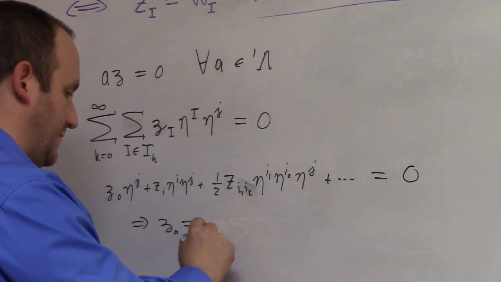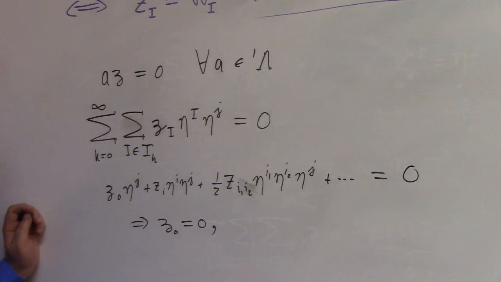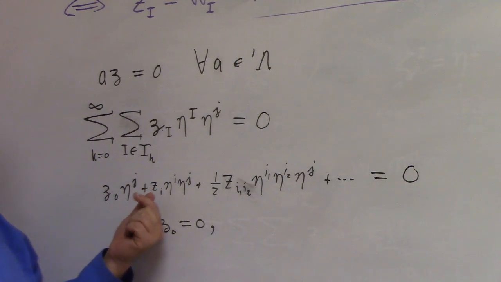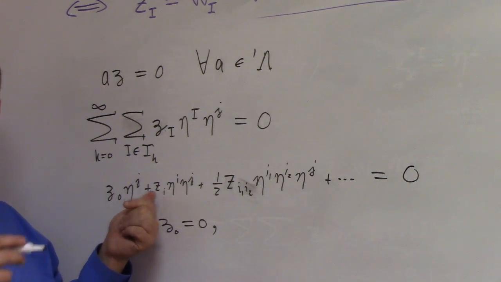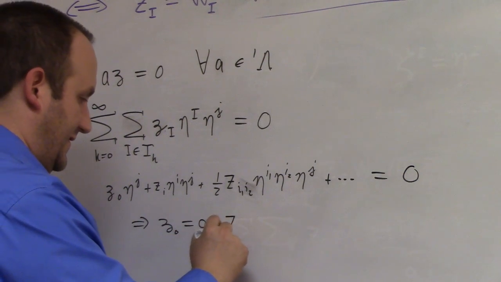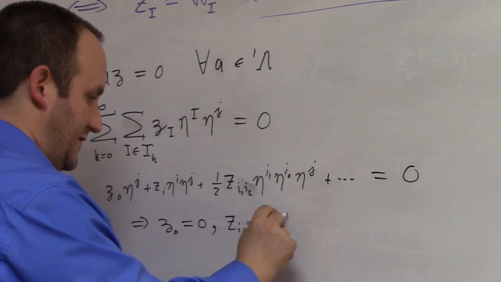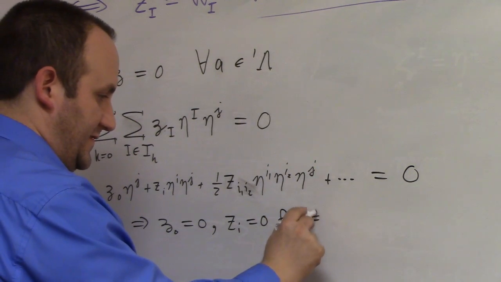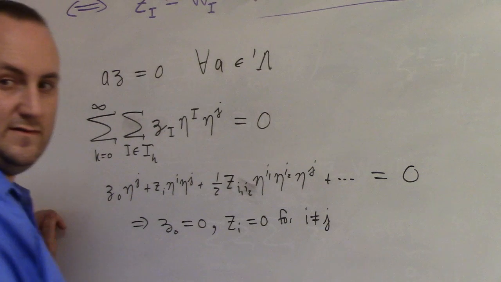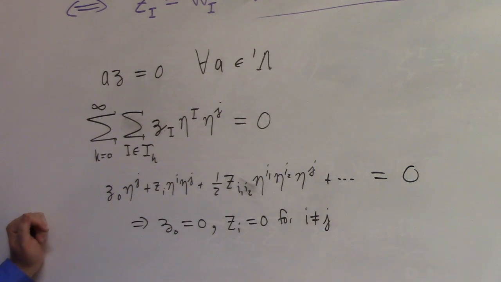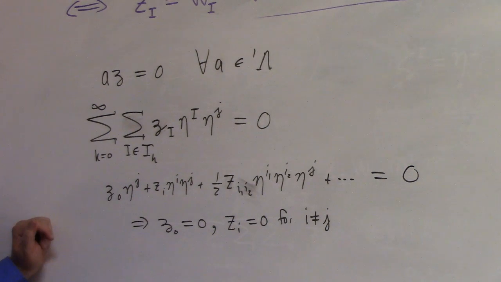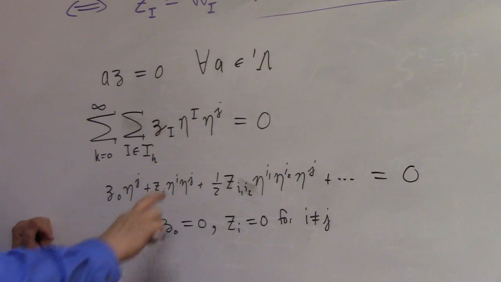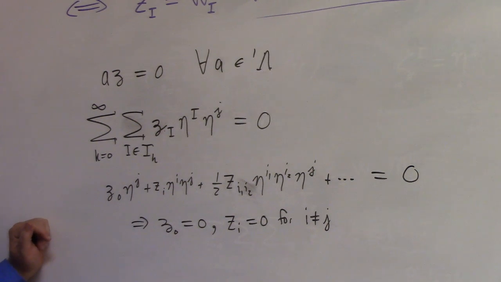And so for zi, I also get that zi is equal to 0 for i not equal to j. Fix j for a second here. So I get zi equal to 0 for i not equal to j. When i is equal to j, then this is not 0, and I have good information about z sub j.